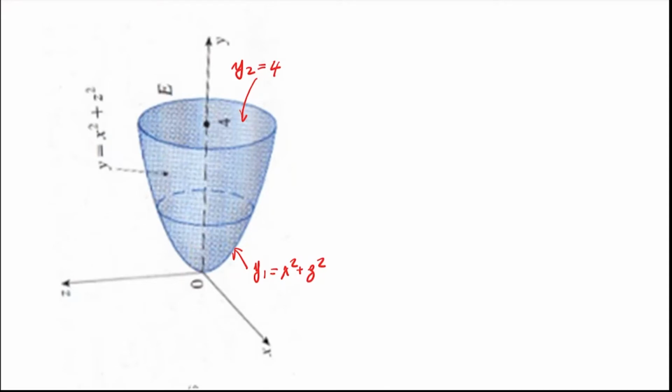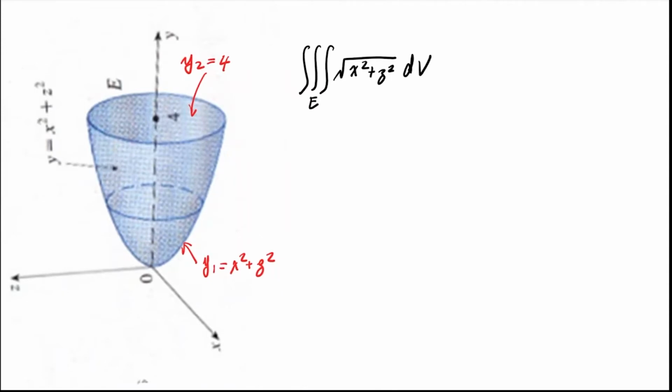Okay, so our triple integral here, our e to the square root of x squared plus z squared, and dV. Now we can rewrite this as, I'm gonna leave lots of space because for some reason these spaces are just getting cramped up. So from this y1, so we have x squared plus z squared to 4.